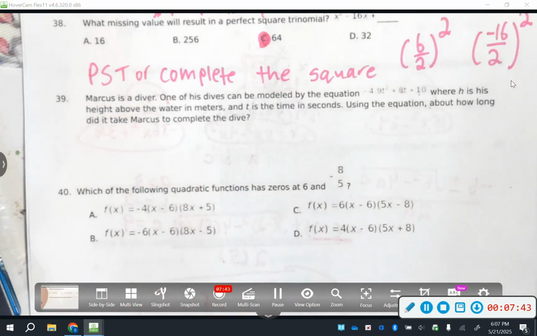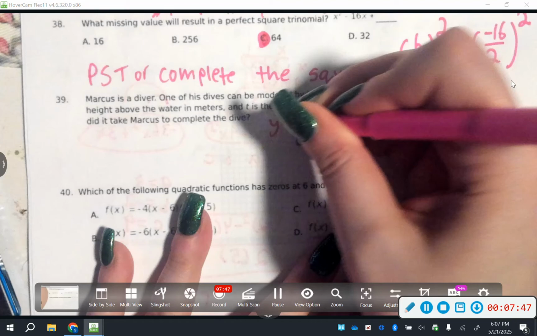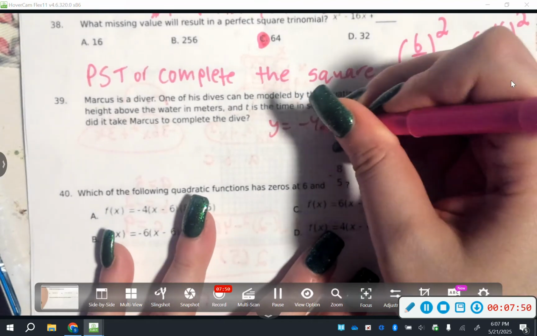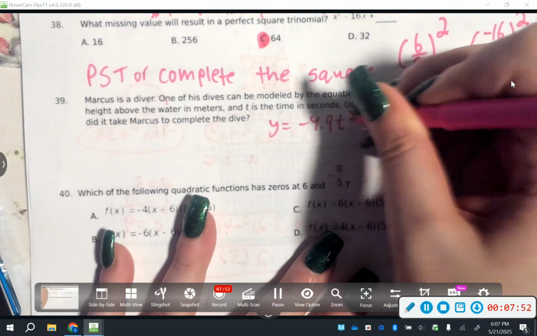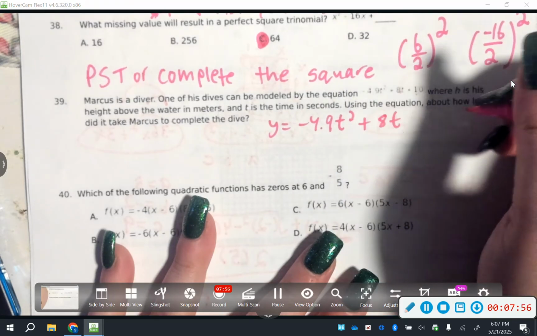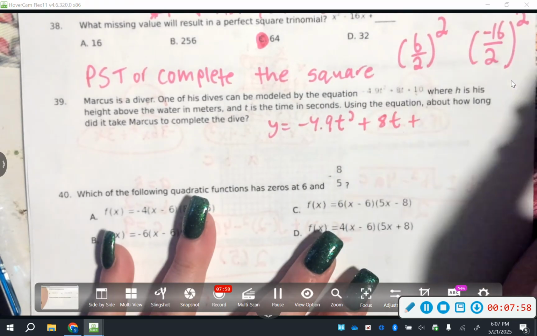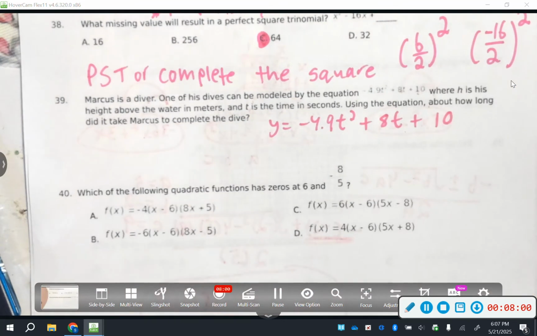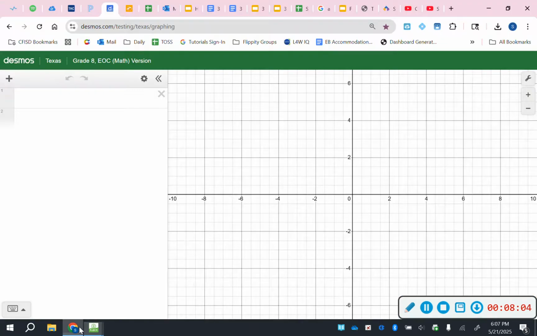Marcus is a diver. One of his dives can be modeled by the equation y equals negative 4.9t squared plus 8t plus 10. You'll have to excuse how mine looks, just a little rough. I'm going to plug that in here.